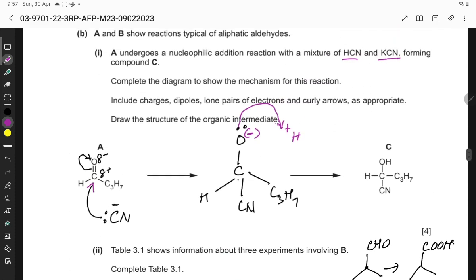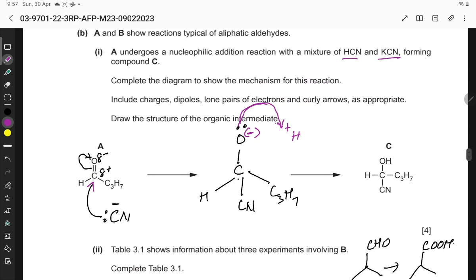One thing is missing over here, because HCN and KCN form compound C. So you can show this step also.